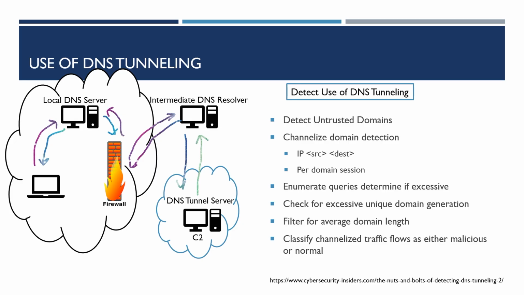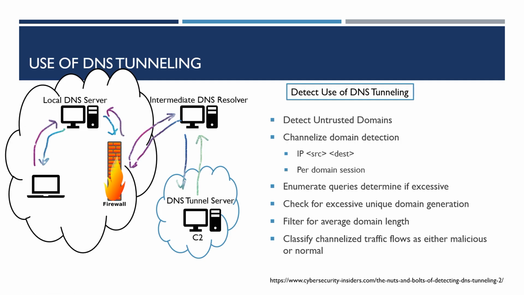Number one, detect untrusted domains. If there are domains that are not trusted by your organization, have a look at what they are, who they are, and then what you do is channelize all your domain detection. So you create channels based upon source destination IP address and on a per domain session.